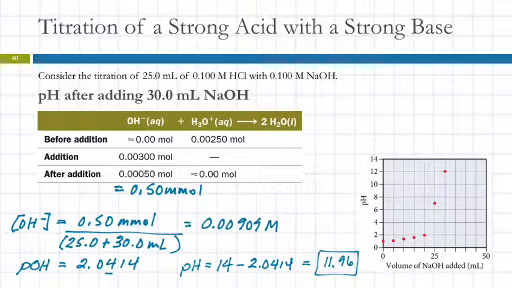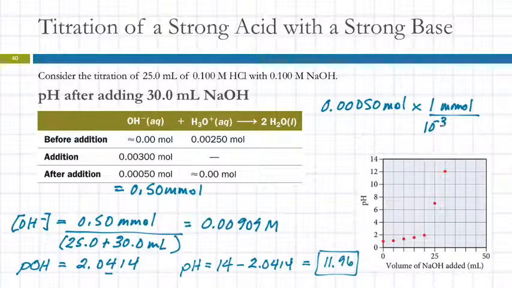Yeah. After the addition of the 0.005, how did you jump just to the 0.5? That's a good question. So 0.00050 moles, times 1 millimole per 10 to the minus third moles, is 0.50 millimoles.